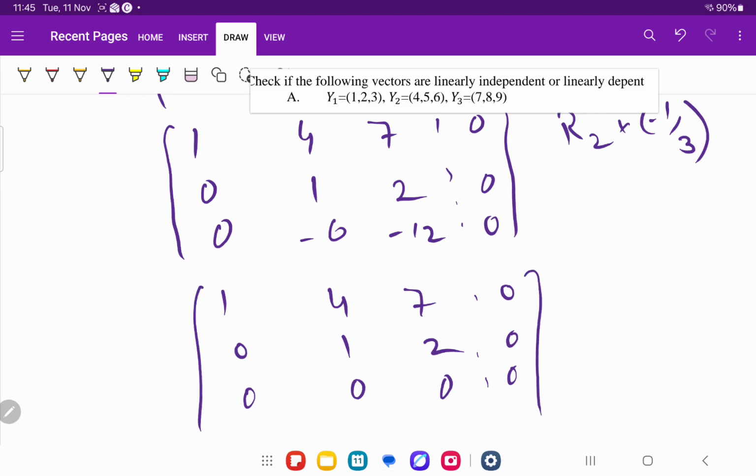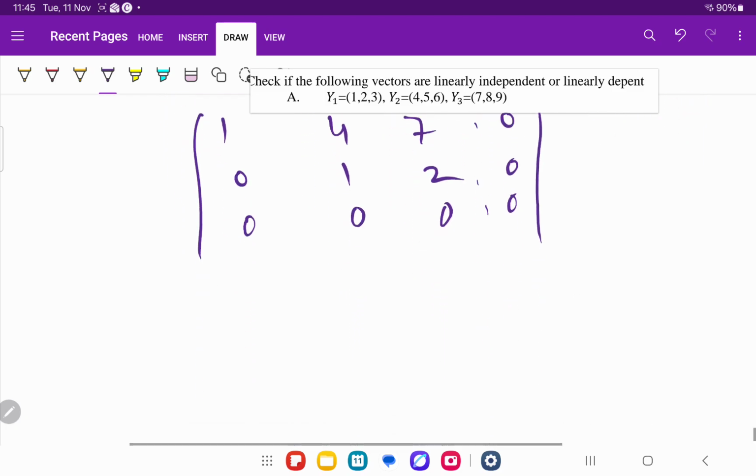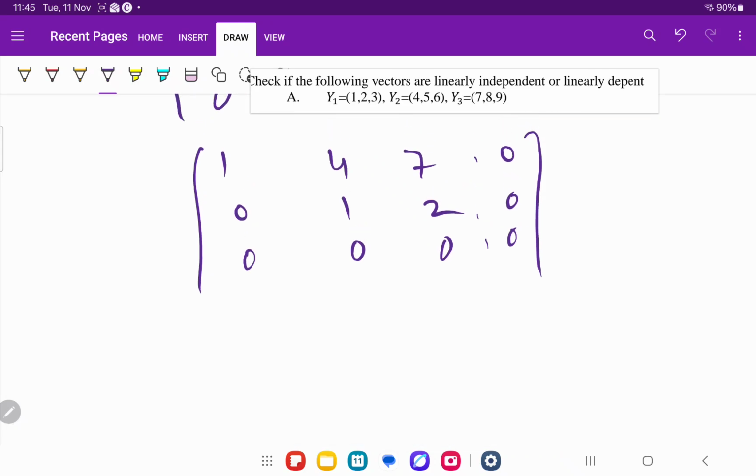So when this type of situation comes, you can easily identify that C2 plus 2C3 equal to 0, isn't it?